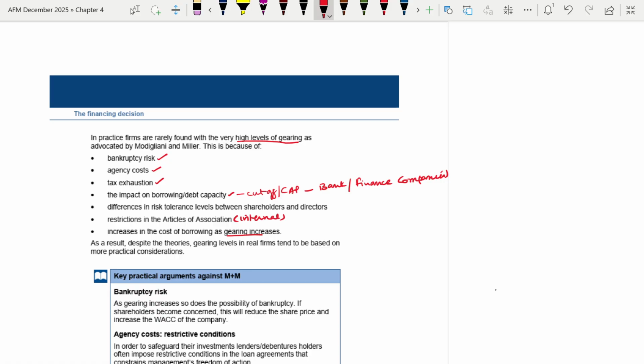As a result, despite the theories, gearing levels in real terms tend to be based on more practical considerations.